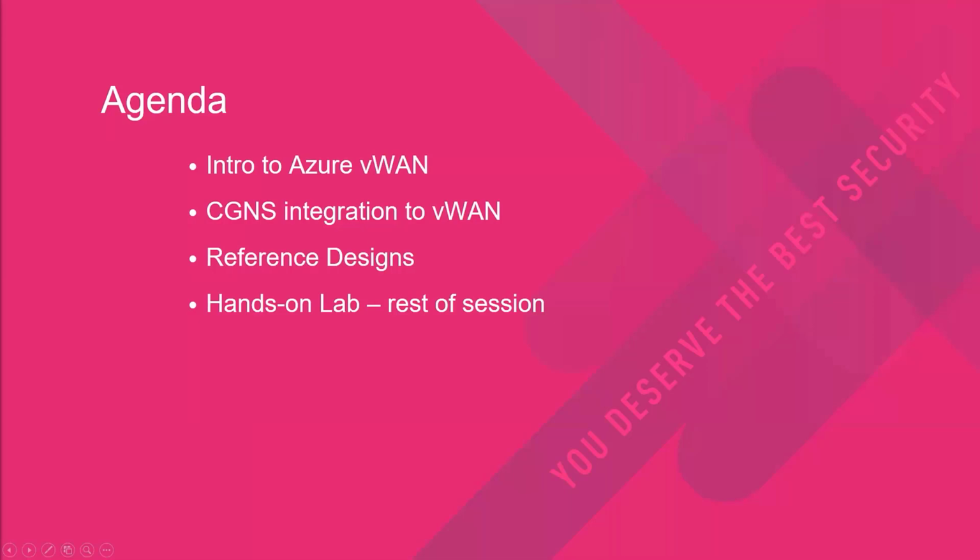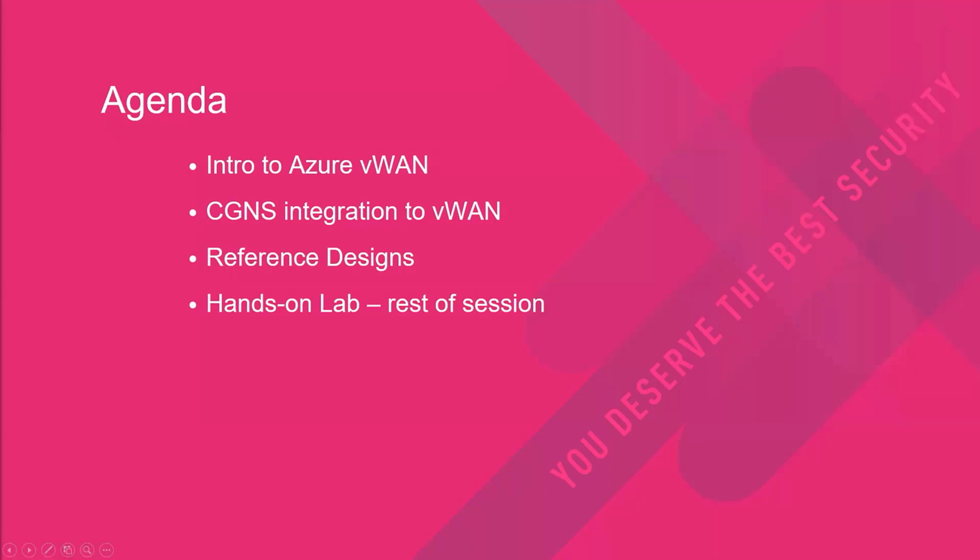We will look at two reference designs, common designs, and then we will continue with the hands-on lab, since it's going to take like 20 minutes for the routing to be provisioned. We will have to wait for that.